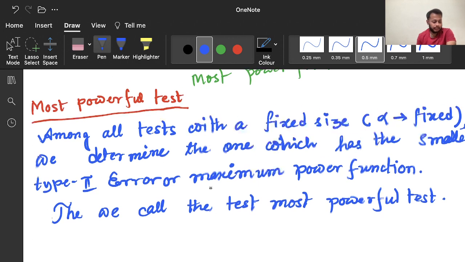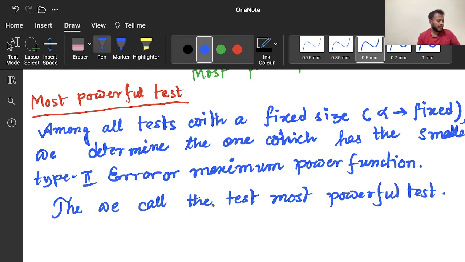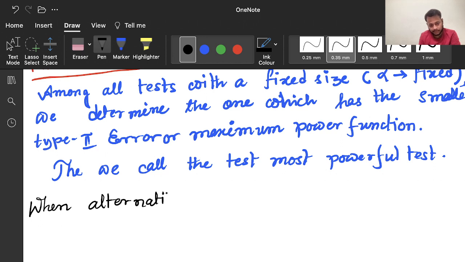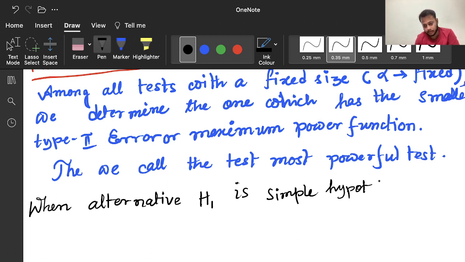So that's it. Now another definition: when the alternative hypothesis, that is H1, is a simple hypothesis, that means from the hypothesis H1 you can determine the probability distribution, that is called a simple hypothesis.